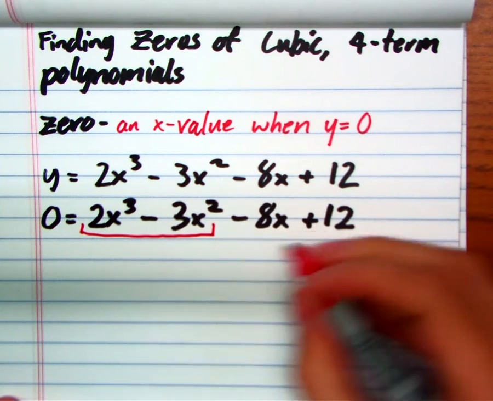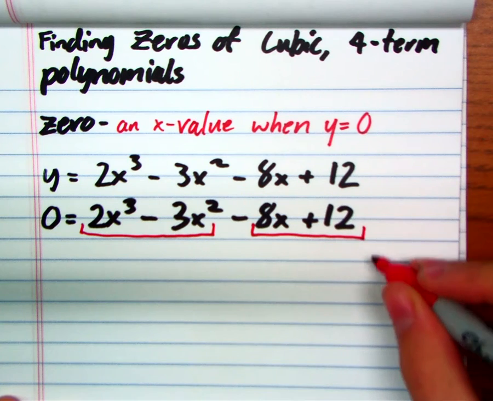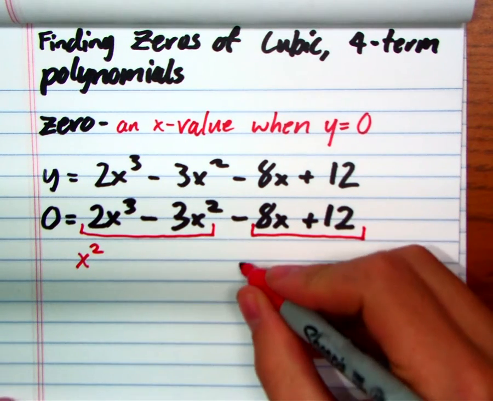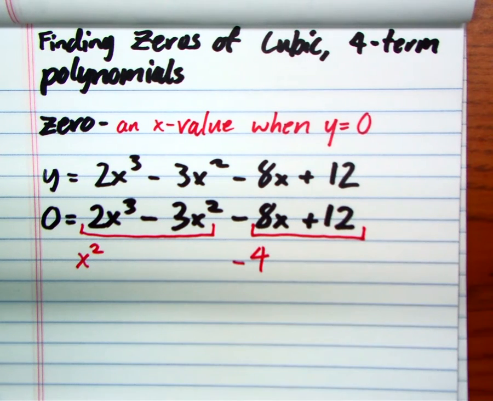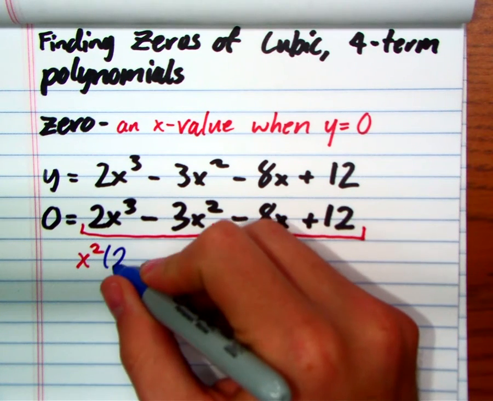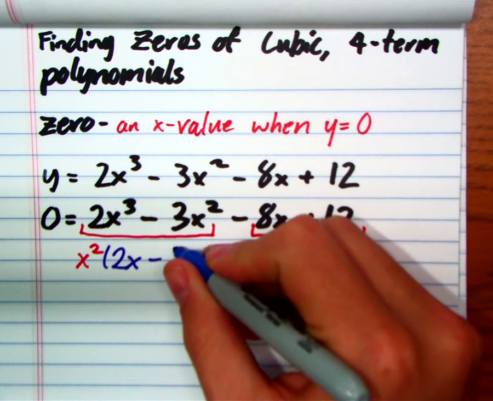First, I'm going to find the GCFs of the two groups. Let's see, x squared and negative 4, I believe. And then the remaining bits, 2x cubed minus x is 2x minus 3.